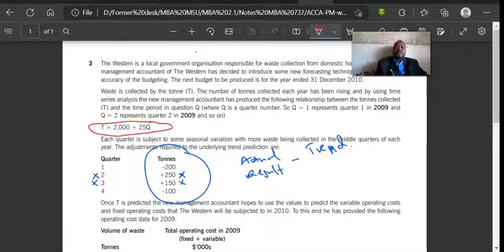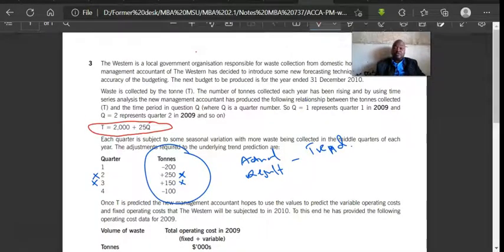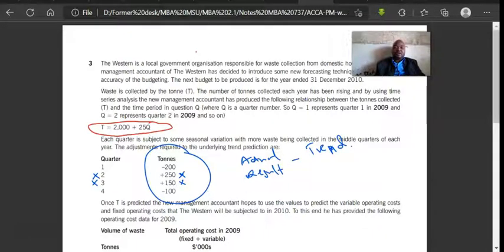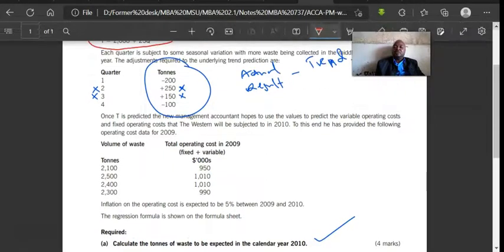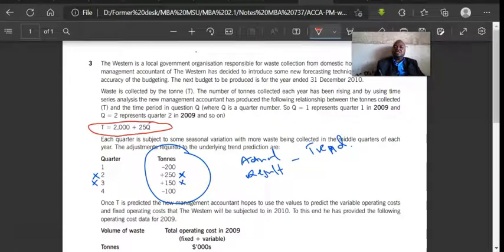That's the model we are talking about, and we'll be using this model as part of our estimation. The question is requiring us to determine the tons of waste to be expected in the calendar year, so we will be using that model as part of the estimation.